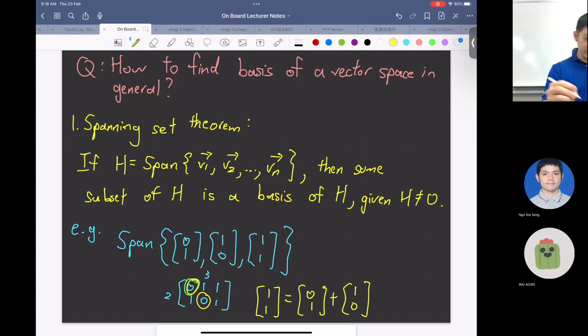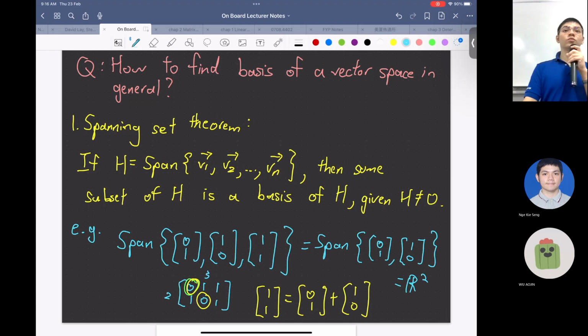So you could just remove it because you already wrote it as a span of the others. So what you can do is throw away one inside the spanning set. And what is this? This is really R2. It's a basis for R2, where you can see it spans and is linearly independent.